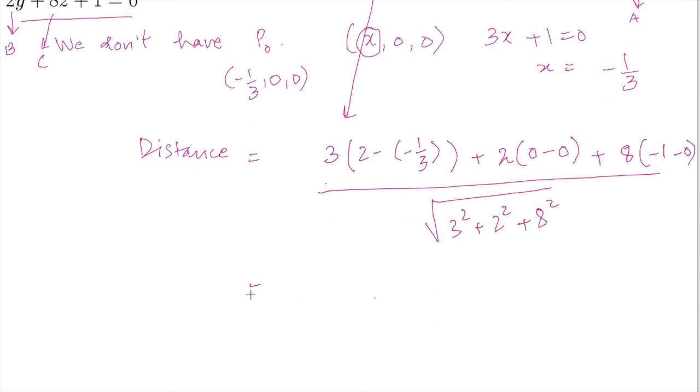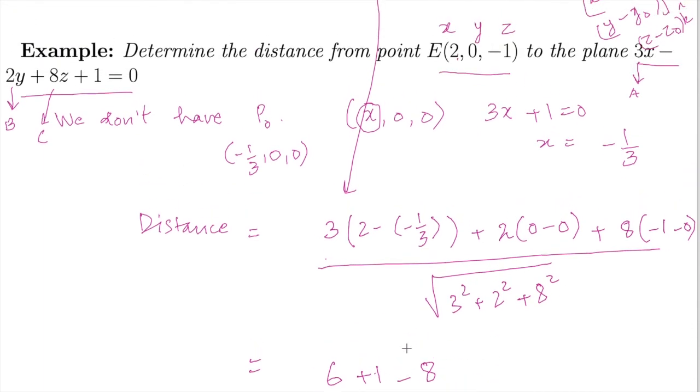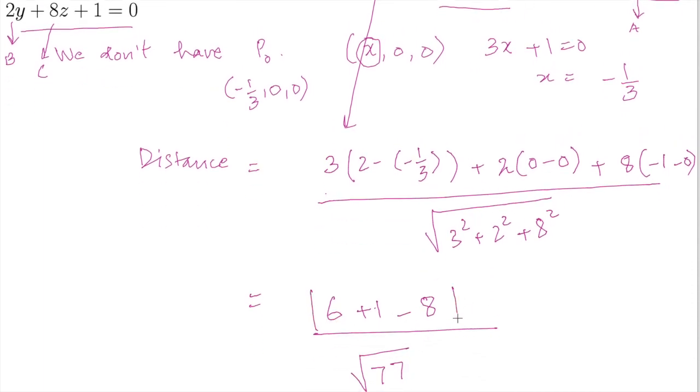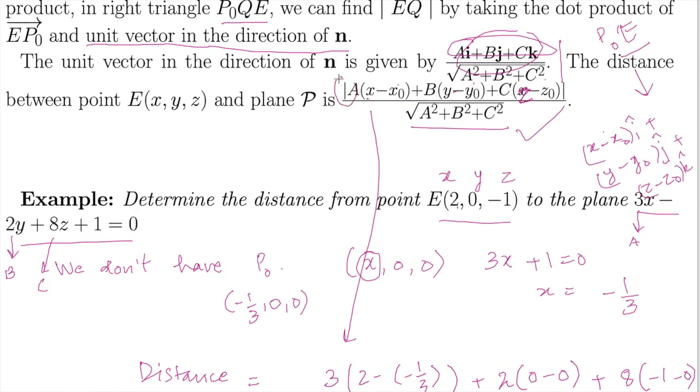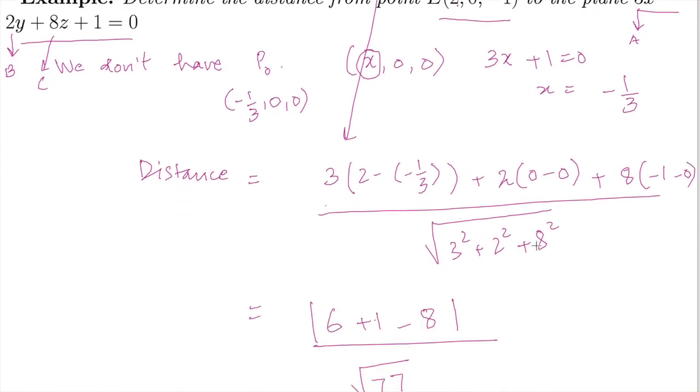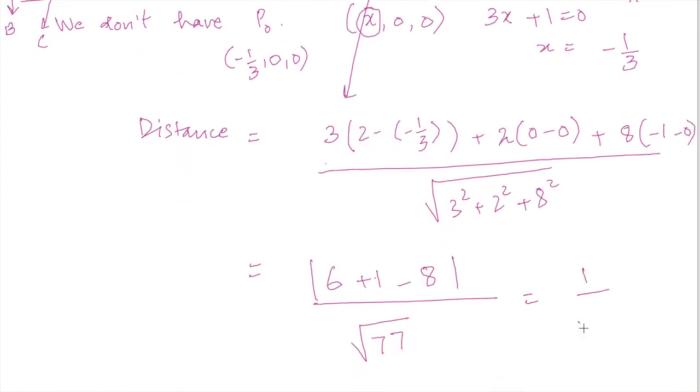So this is equal to 6 plus 1 minus 8, divided by root 77. But note that this is a distance, so we have to take the absolute value here, and we have the absolute value here as well. So this is equal to 1 over root 77.